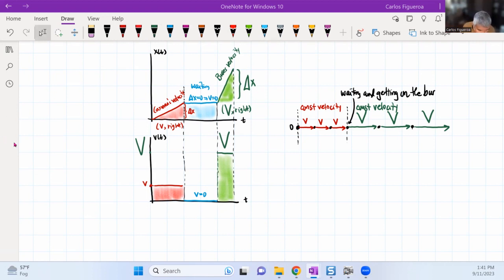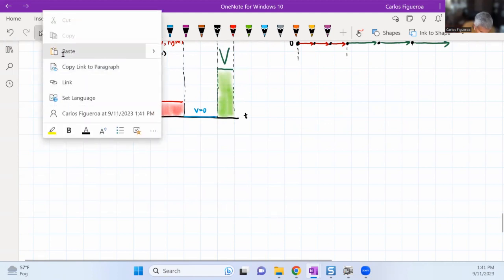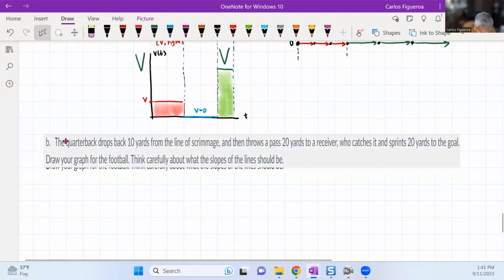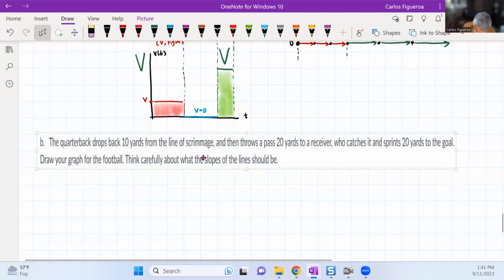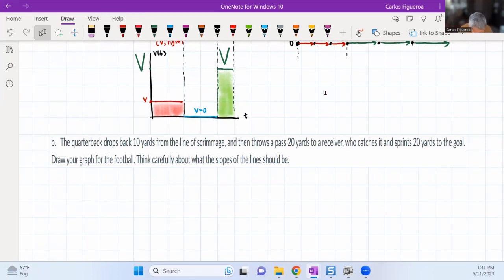Okay, so now let's go look at this guy here. Let's look at this one other example. And this is B here. And it says, in B here, it says that the quarterback drops back 10 yards from the line of scrimmage and then throws a pass 20 yards to a receiver who catches it and sprints 20 yards to the goal.